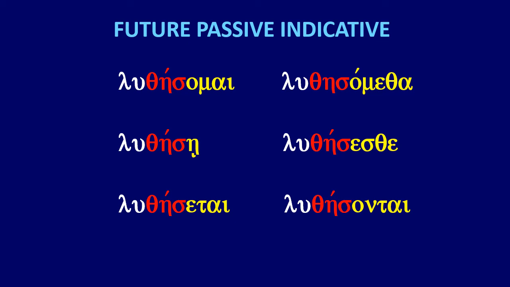And here it's in the passive voice for the future as well. The difference is that it combines with the theta eta passive voice sign that we already saw for the first aorist passive voice combination.